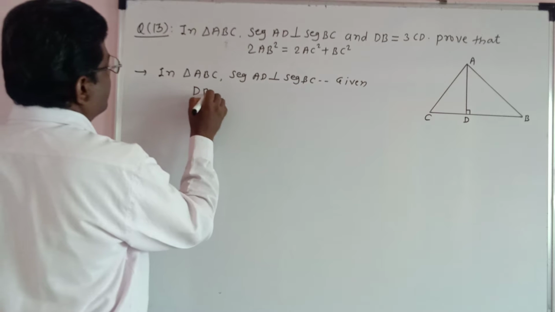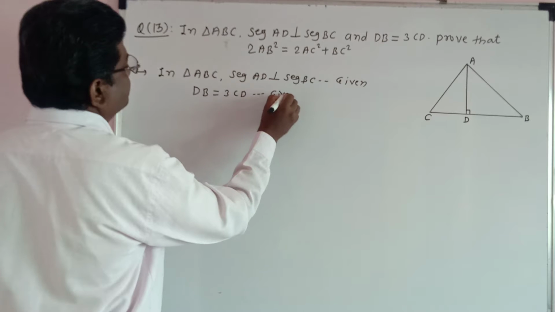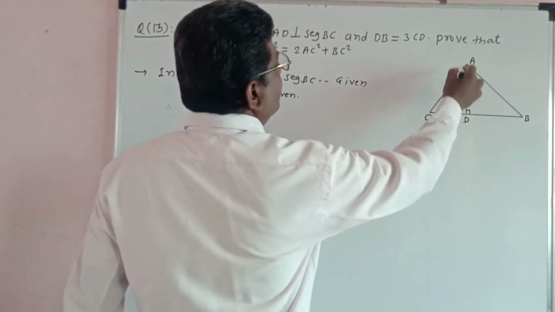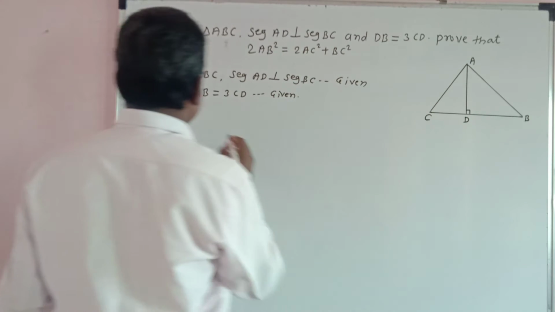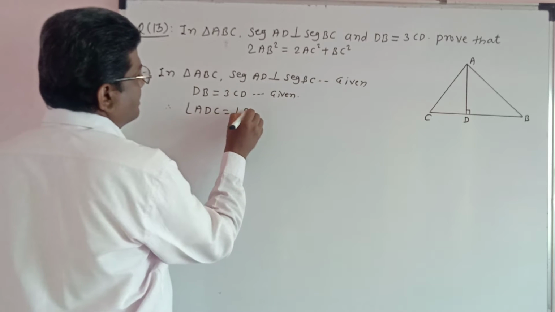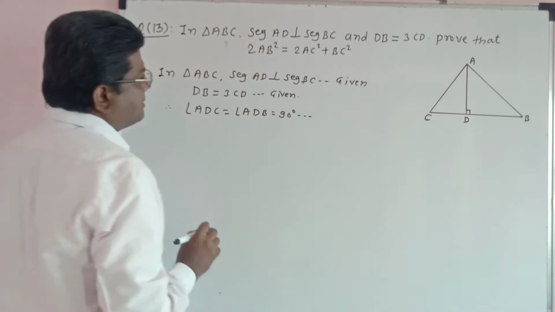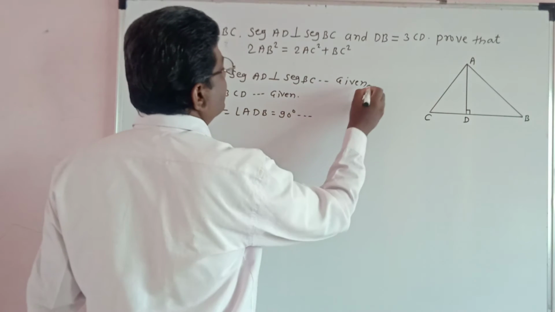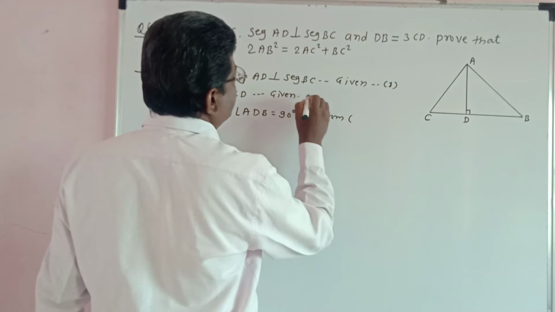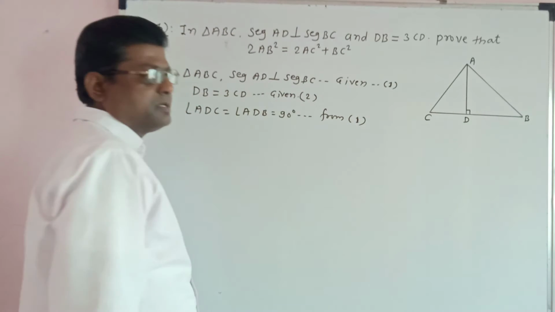Also, DB is equal to 3CD, it is also given. Therefore, angle ADC is equal to angle ADB is equal to 90 degree. Suppose this is equation number 1, this is equation 2, this is from equation 1.